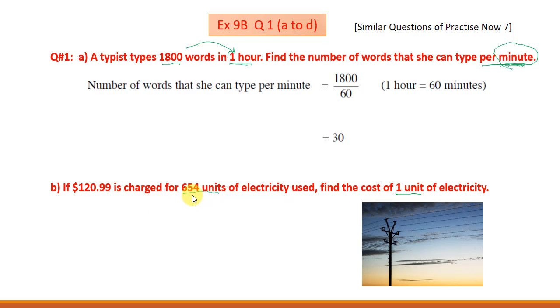So for 1 unit, we will divide 120.99 over 654. So the cost of 1 unit of electricity will be 120.99 divided by 654. We calculate and the answer will be $0.19.